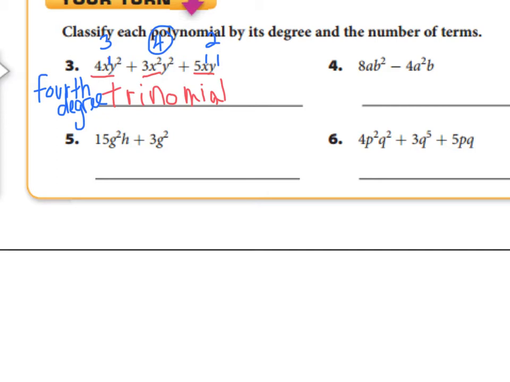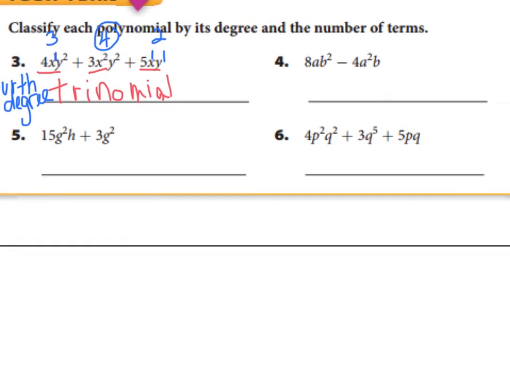Number 4, there was a plus or minus sign, so it can't be a monomial. There's only one minus sign, so it's separating two terms. So this is a binomial. One term, two terms. The first one, we've got an invisible exponent of 1.